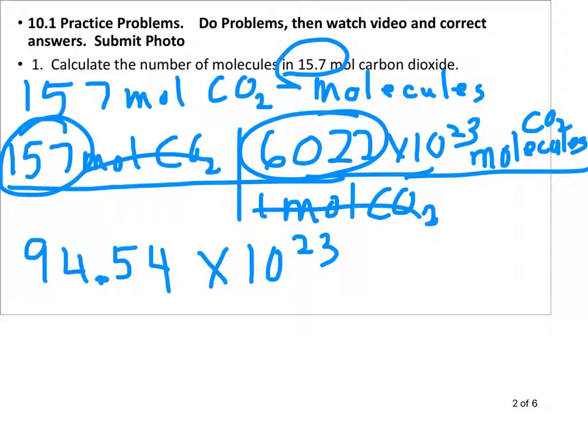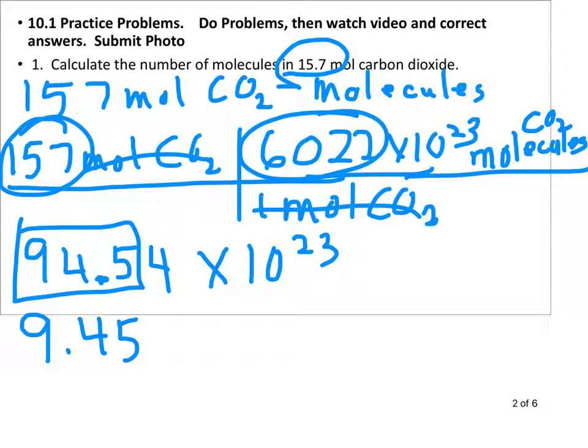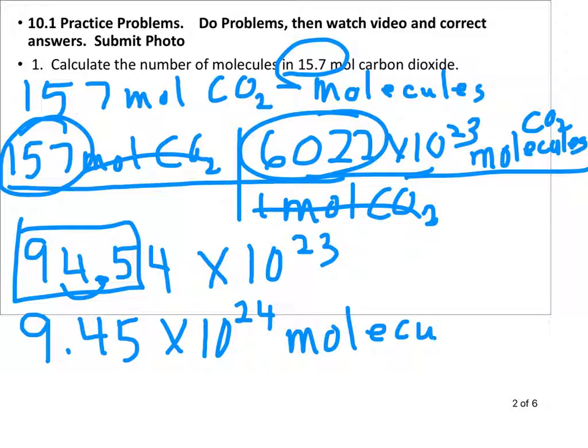We started out with 3, we want to keep 3. That would be those 3, and I want to adjust it to 9.45. I moved my decimal back 1, making this number smaller. It means I need to make the other one bigger. I make the exponent now 24 molecules of CO2.